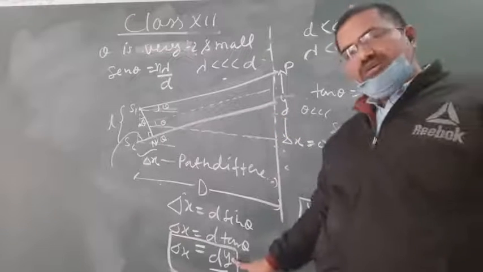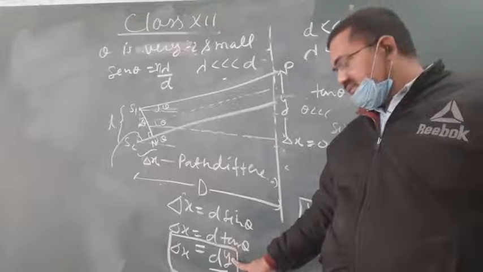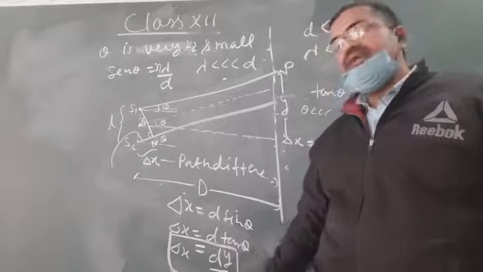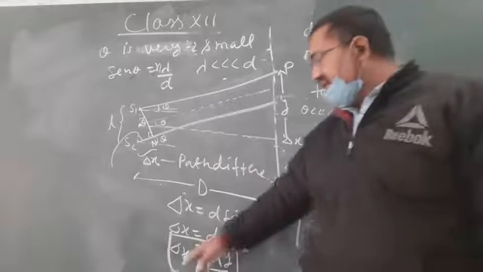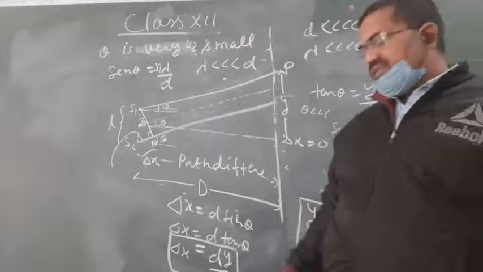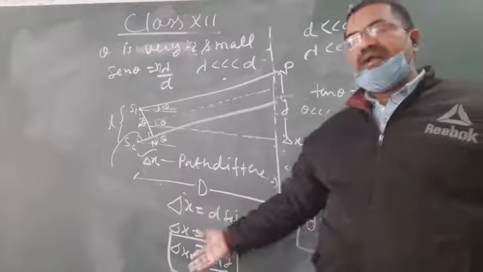Y is the position of maxima or minima. Capital D is the distance between slit and screen. Small d is the distance between two slits, and delta x is the path difference between two waves. So this is a much easier formula for path difference.